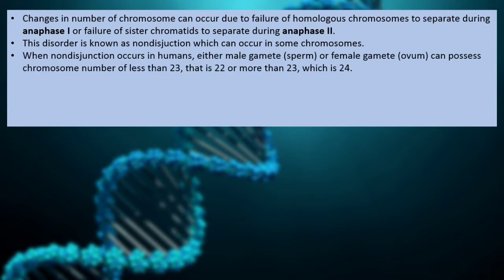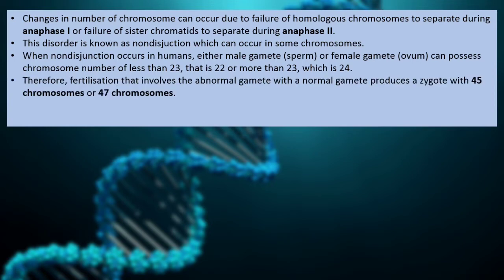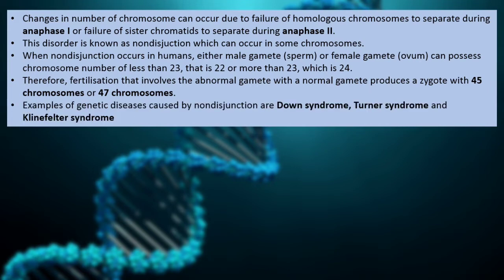When non-disjunction occurs in humans, either the male gamete sperm or the female gamete ovum can possess a chromosome number of less than 23, that is 22, or more than 23, which is 24. Therefore, fertilization that involves the abnormal gamete and a normal gamete produces a zygote with 45 chromosomes or 47 chromosomes. Examples of genetic diseases caused by non-disjunction are Down syndrome, Turner syndrome and Klinefelter syndrome.